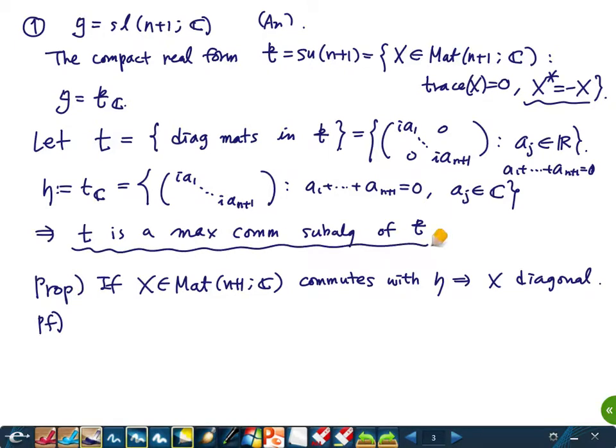Because, okay, if we accept this proposition at the moment, then we obtain that this is a maximal commutative subalgebra.